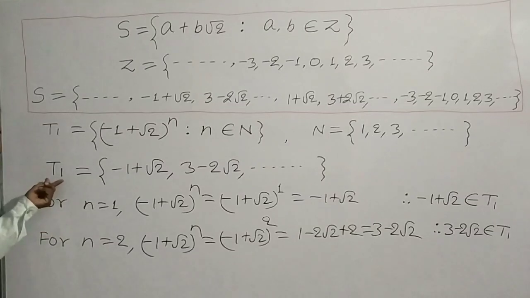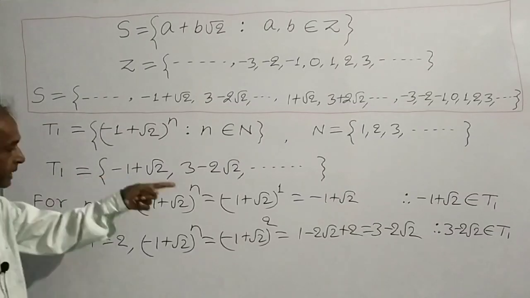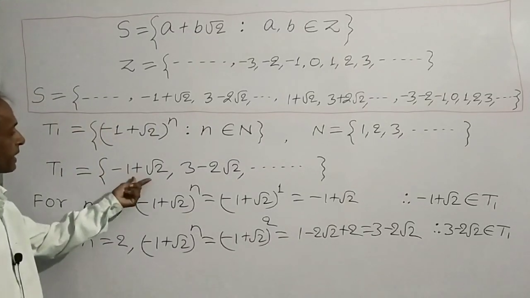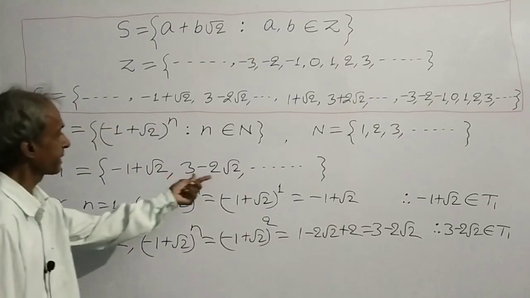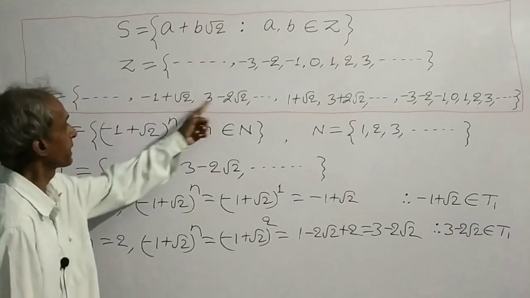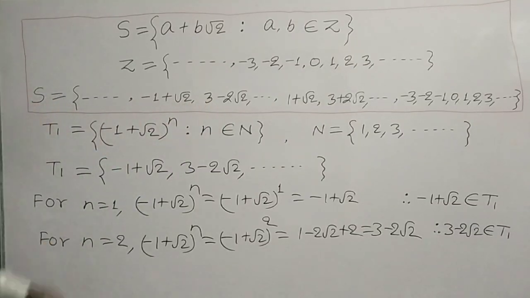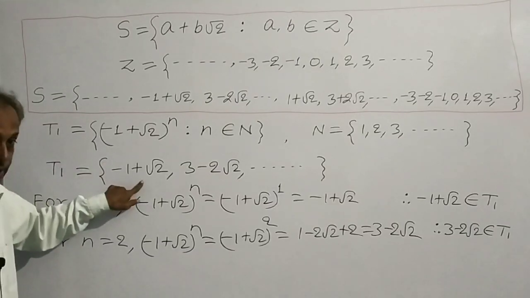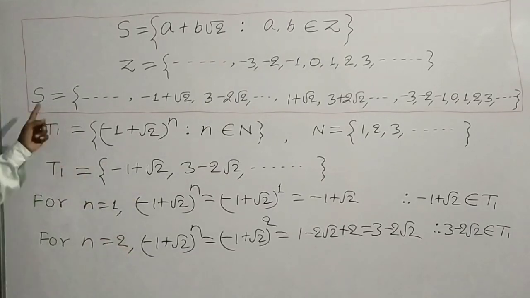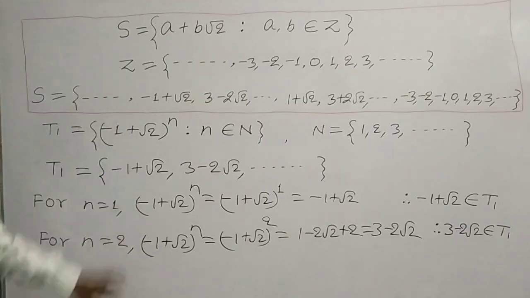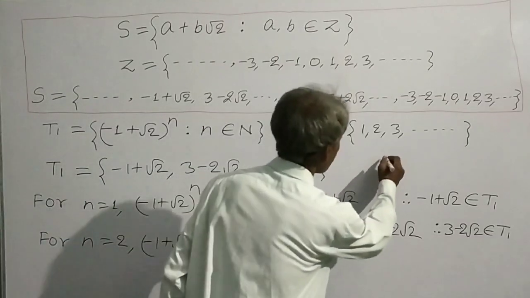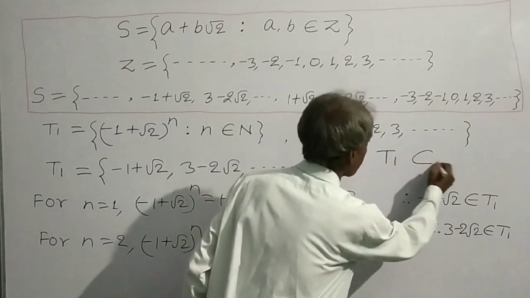Thus we see that T1 will be a set something like this, and each element present in this set is also present in this set S. Since each element of set T1 is also present in this set S, therefore T1 is a subset of S.